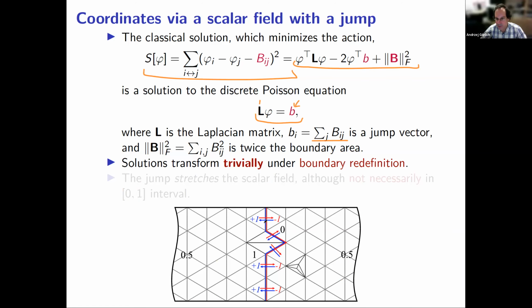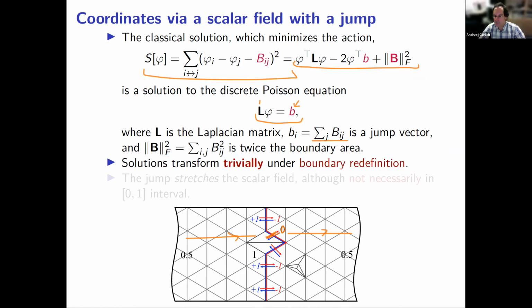So indeed, if you do it in a two-dimensional case, it behaves more or less like this. The value of the scalar field is 0 on one side of this boundary, and it continuously grows when you go around in a direction orthogonal to the boundary. It goes through 1/2 up to 1, and then there is this jump.